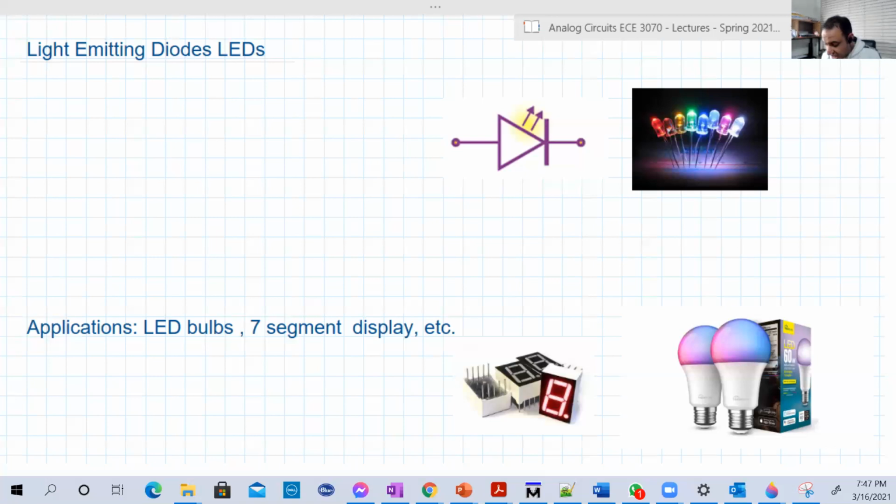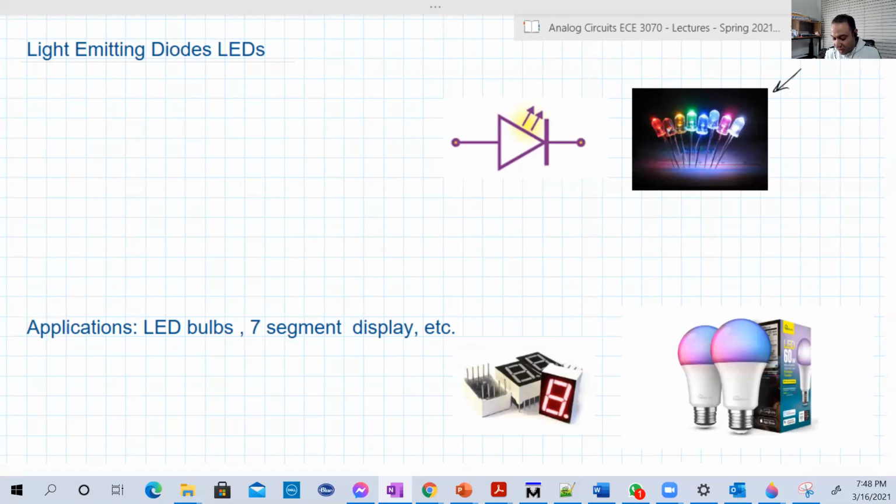As you see here, it can emit light with different colors: white light, red, blue, different kinds of light you can get. You can even get ultraviolet light, I mean, light that you cannot see, or even infrared light, which is the one in your cameras.